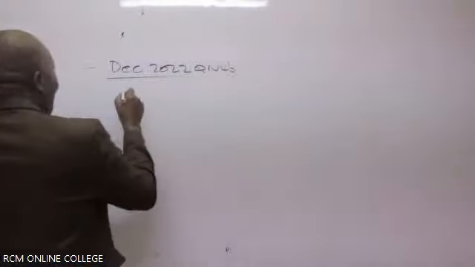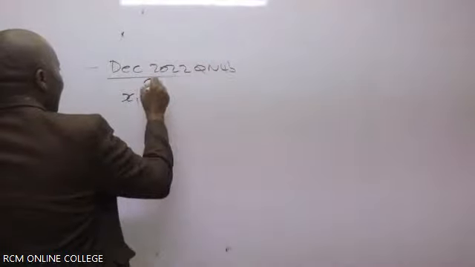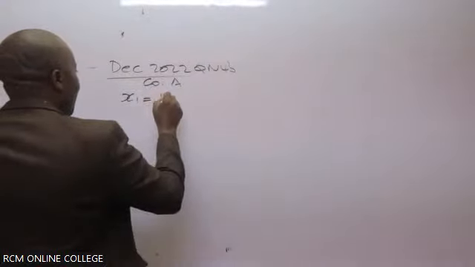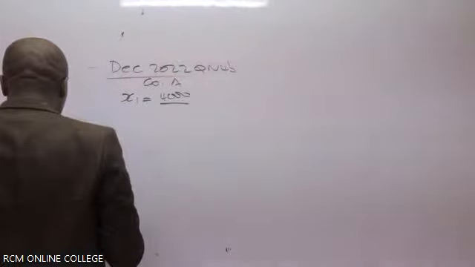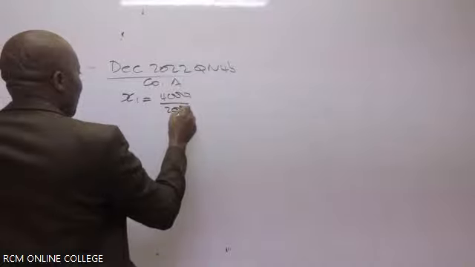So we have X1. X1 is net working capital over total assets. For company A, working capital is 40,000 divided by total assets of 200,000.